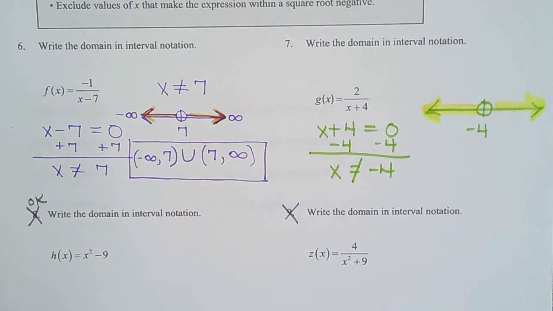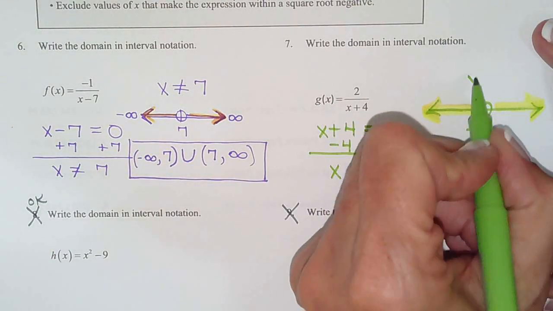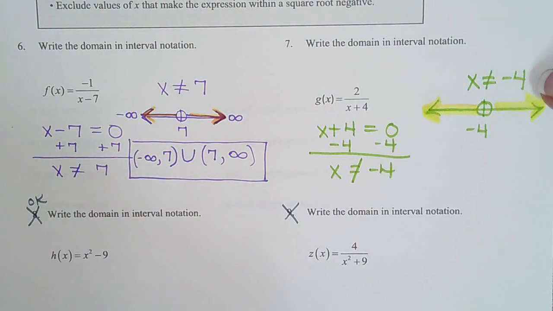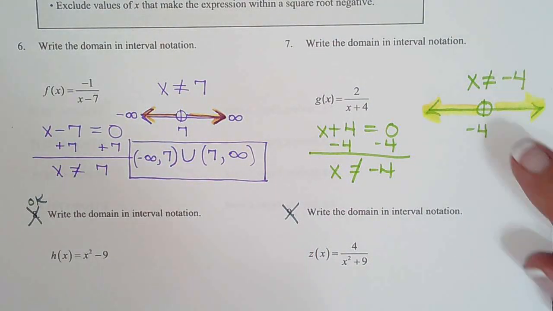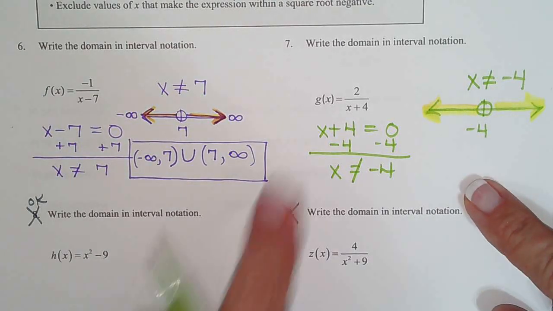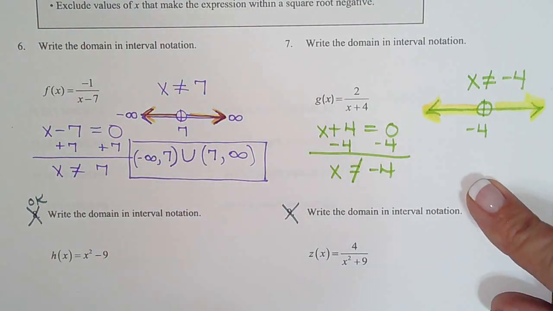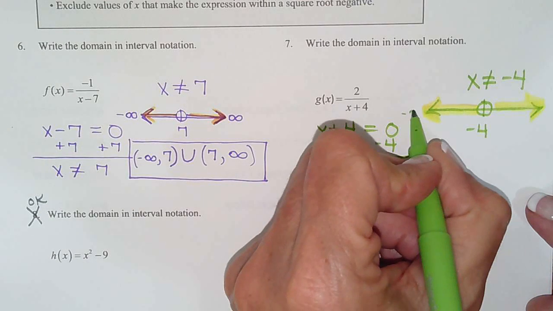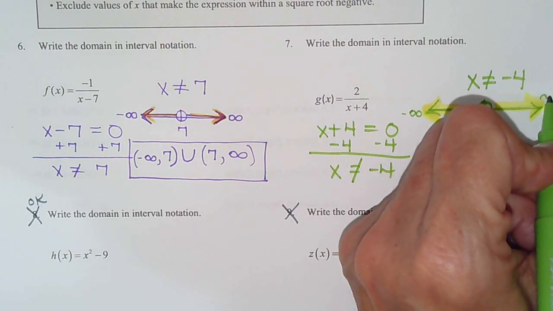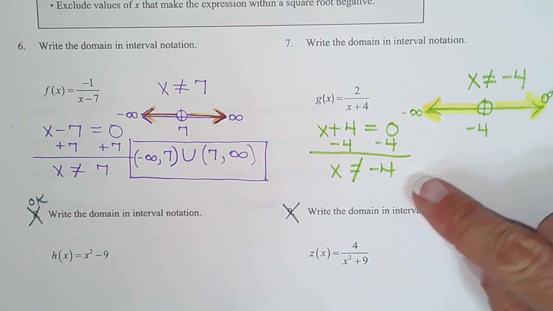Let's just write that above so you can see. This is how you would write it if they just asked you to write the notation. This is how you would graph x cannot be -4, but they're asking us for interval notation. So we put our infinities in. Remember, left end negative infinity, right end positive, and we just move left to right.